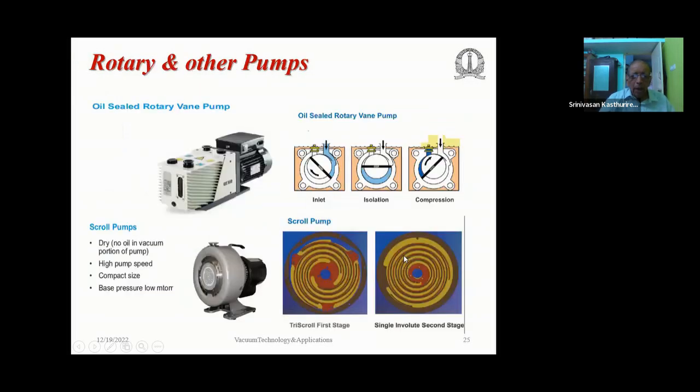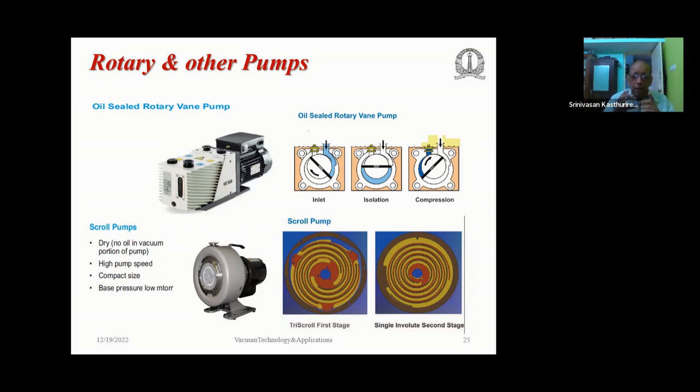Now, I will talk about the rotary pump. You can see a picture of the rotary pump here. This can be a single stage or two stage type of pump. Now, what exactly the rotary pump is doing is the following. Here outside is the space which has to be evacuated. This is the zone where you want to evacuate. It has two parts.